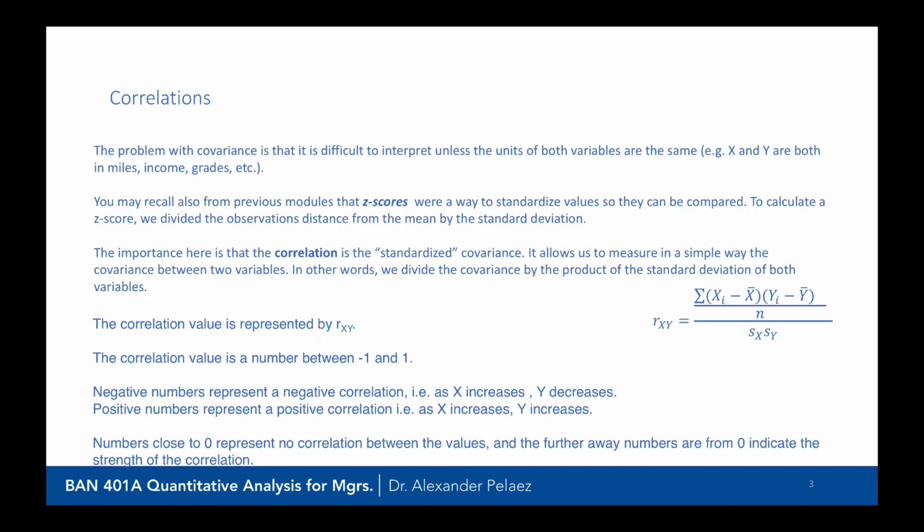Correlation value will be a number between -1 and 1. And in previous modules, we had shown that numbers that were close to 0, either on the negative side or positive side, from around -0.2 to positive 0.2, represented no correlation. And the further away it was from 0 would indicate the strength of the correlation in either the negative or the positive direction.